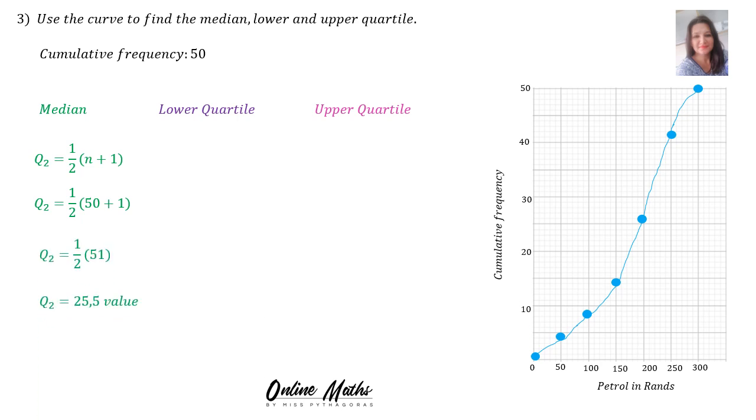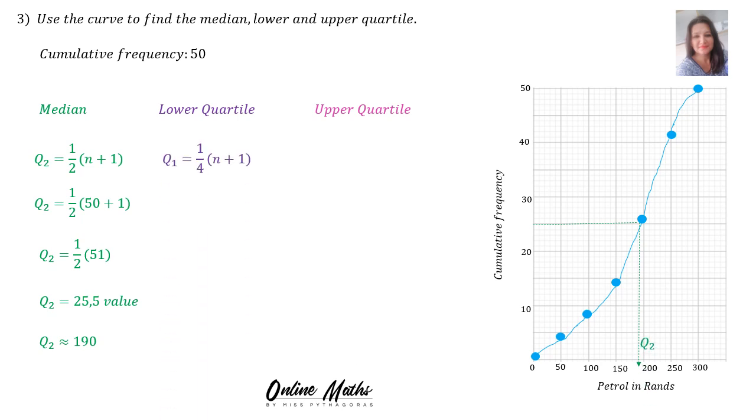Half of 51 is 25,5. Q2 you will find at value number 25,5. So on the cumulative frequency, you go to value number 25,5 and you read off your answer on the x-axis. In this case, Q2 will be at 190.